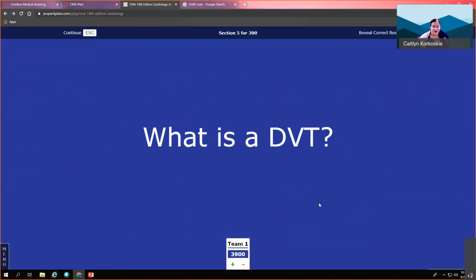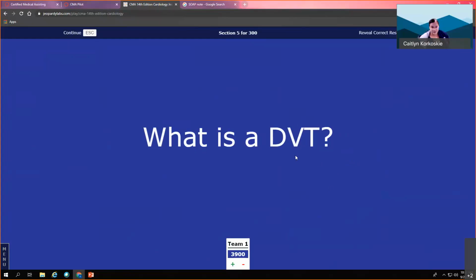Okay. What does DVT stand for? Oh boy. And you can even say the non-fancy medical term for it too. Varicose veins? Nope, just kidding. The V is for vein.